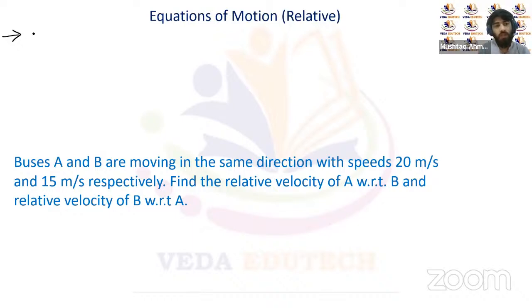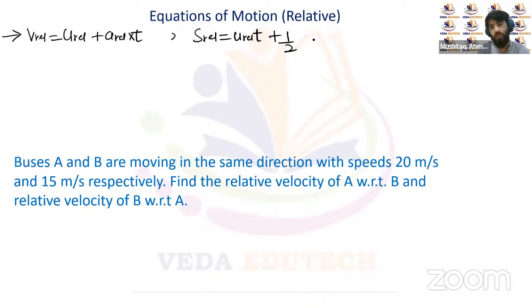Now in this case we'll be using v relative equal to u relative plus a relative multiplied by the time. Or similarly, we can use relative displacement as u relative t plus half a relative t square.